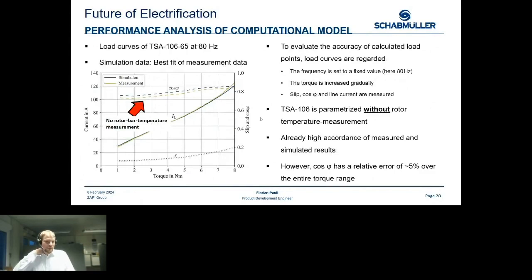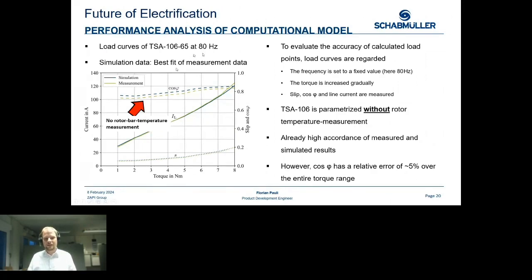So then we've taken load curves and we performed the fit for a TSA 106/65, meaning a machine with 106 millimeters outer diameter and 65 millimeters actual length. In this example at 80 Hertz.